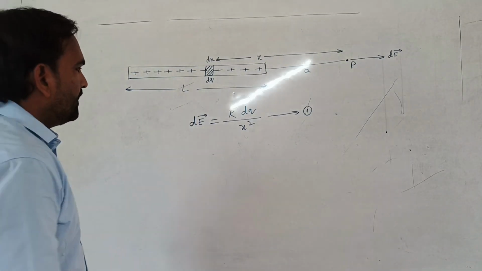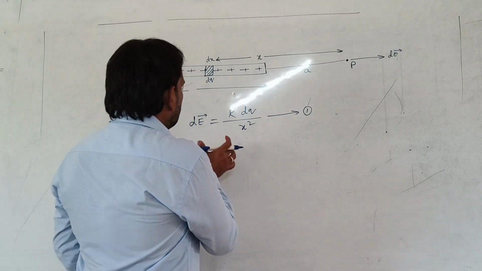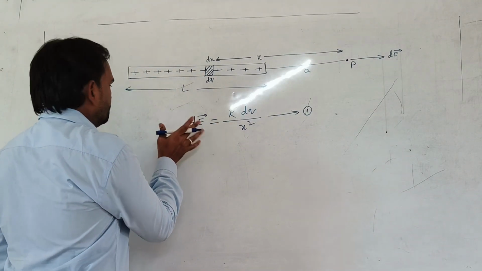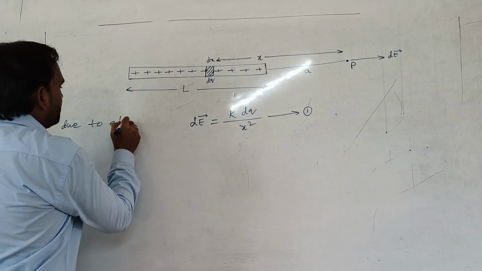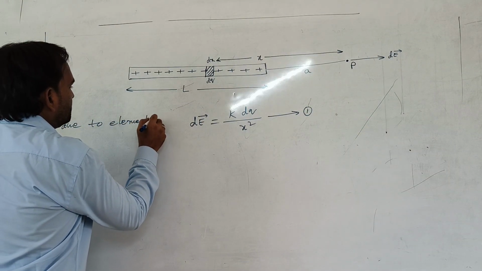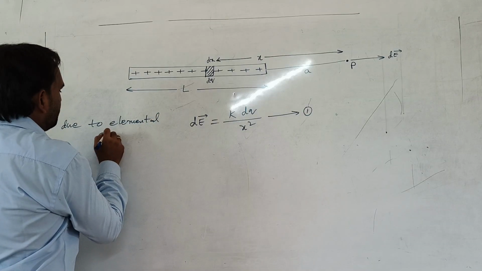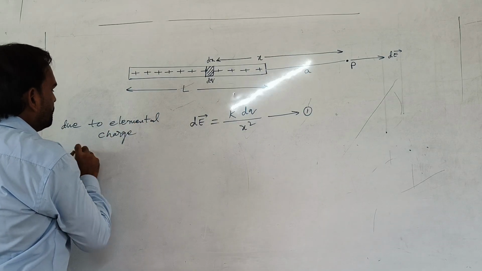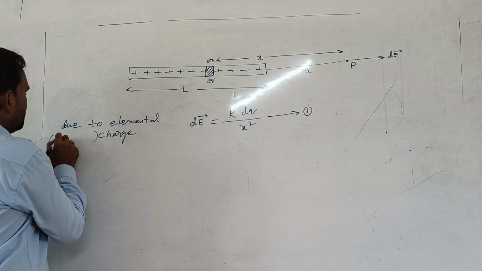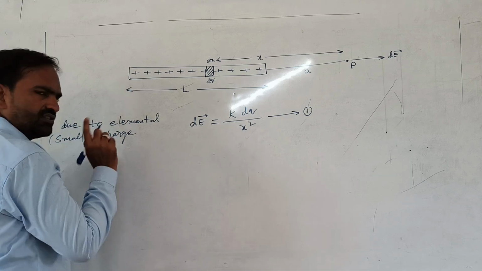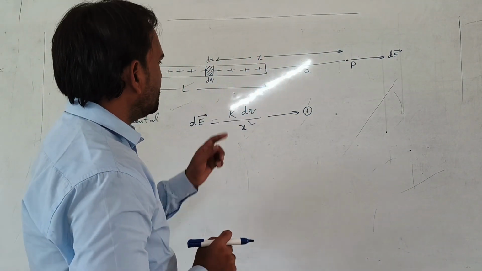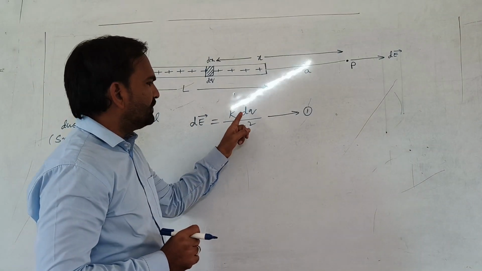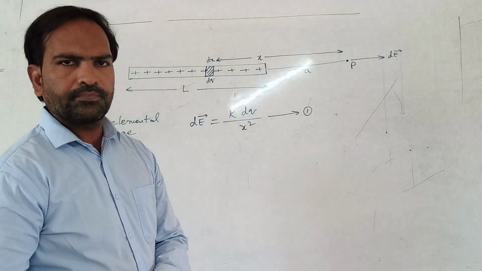This is due to the elemental charge, that means any very small charge. Due to a very small charge, the electric field intensity at point P is dE equal to k dq by x square.